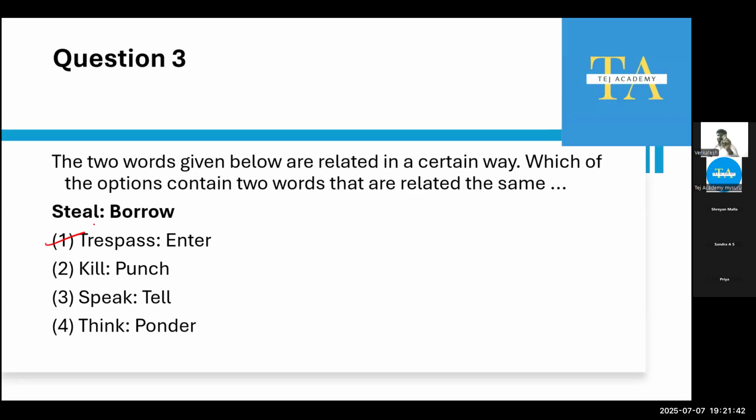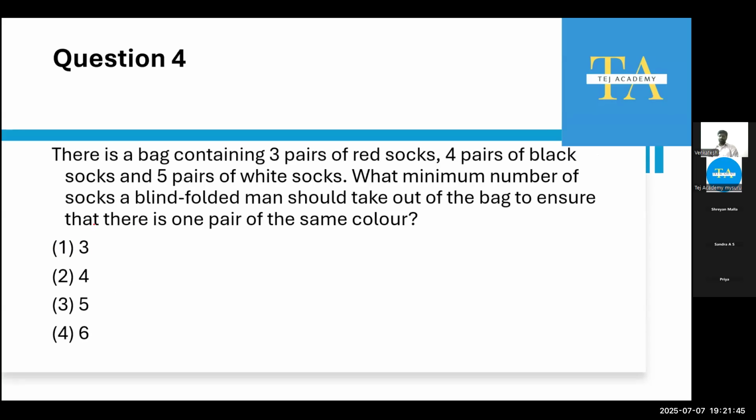So next, question number 4. There is a bag containing 3 pairs of red socks, 4 pairs of black socks and 5 pairs of white socks. What is the minimum number of socks a blindfolded man should take out of the bag to ensure that there is one pair of the same color?